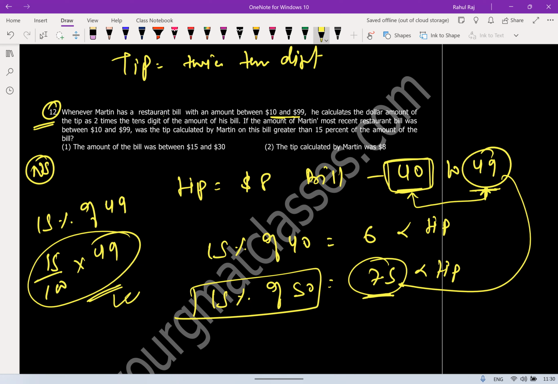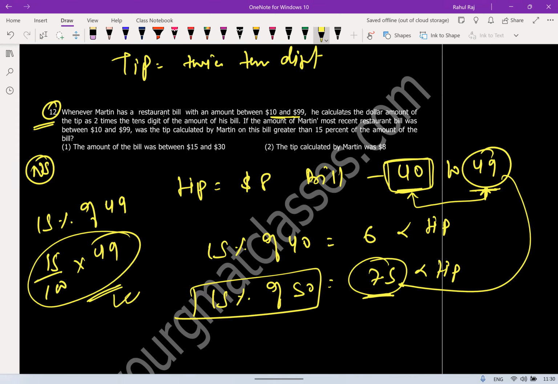So 4 by 40 into 100, okay, that is more than 15%. So any value above that is also going to be greater: 4 by 41 or 4 by 42 or 4 by 43.